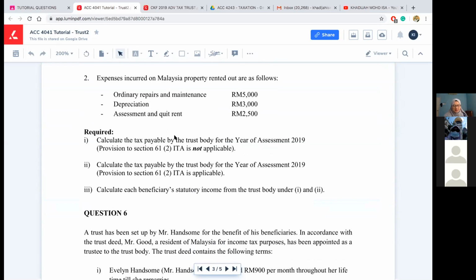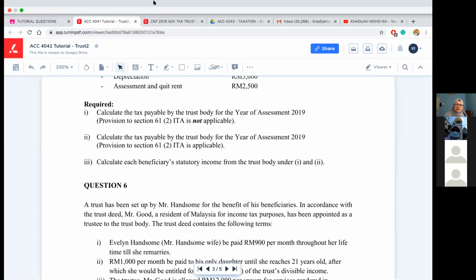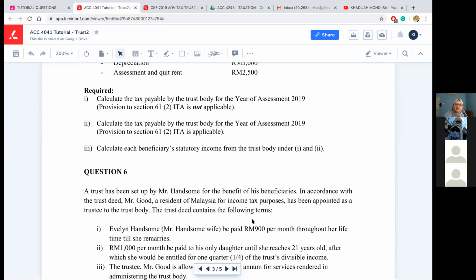61.2 is not applicable. What is 61.2? What do you mean by provision 61.2 is not applicable? The tax is paid by the trustee.